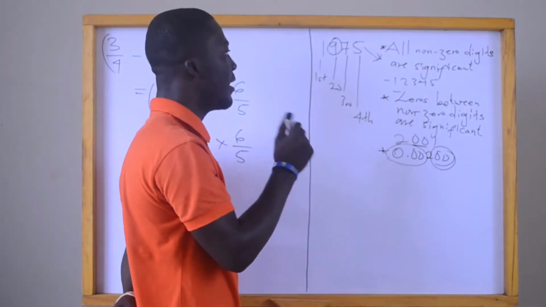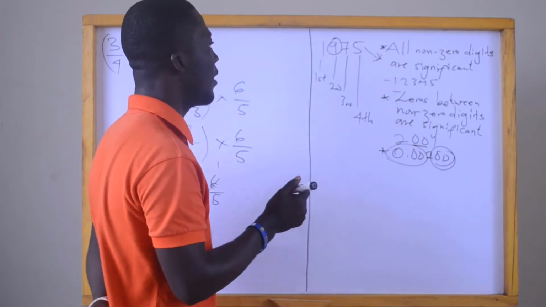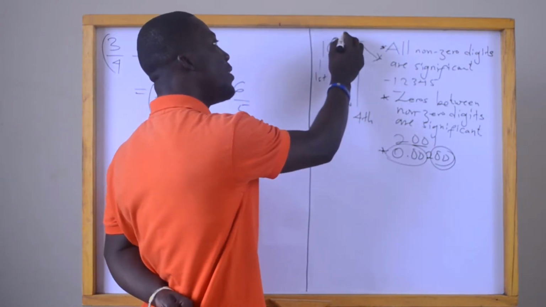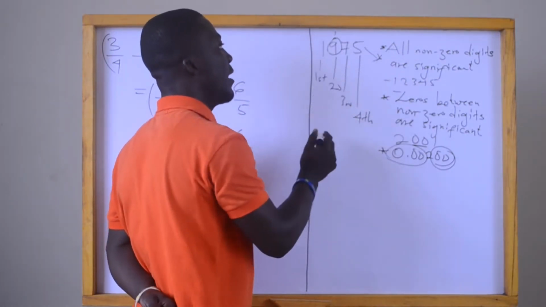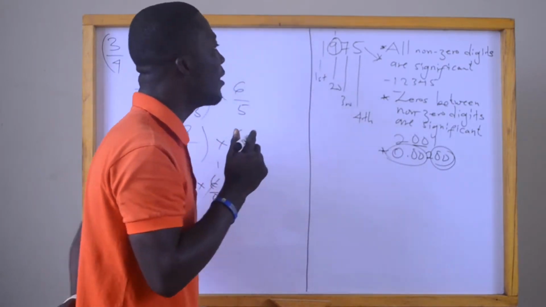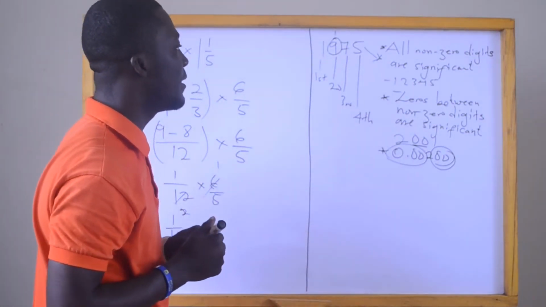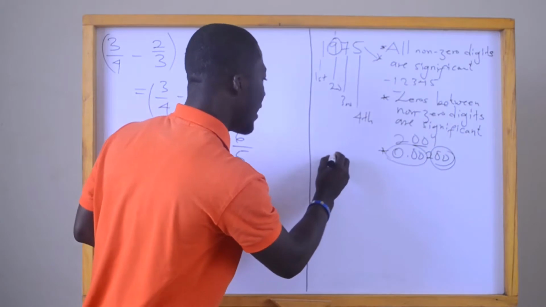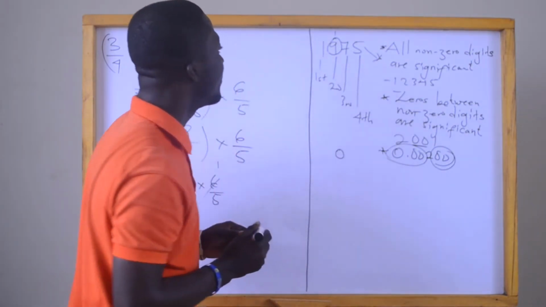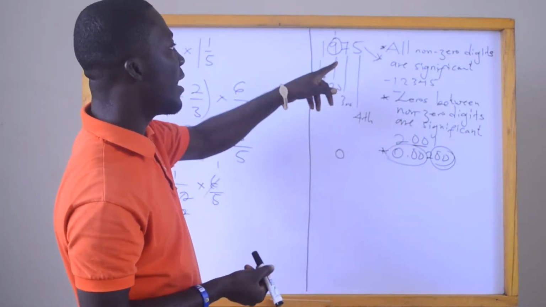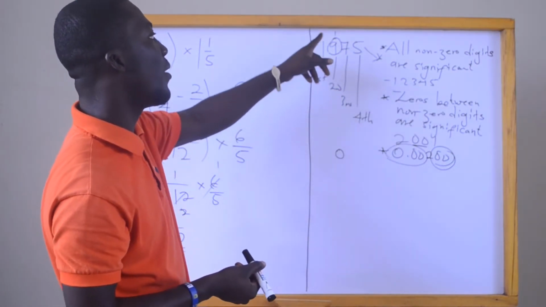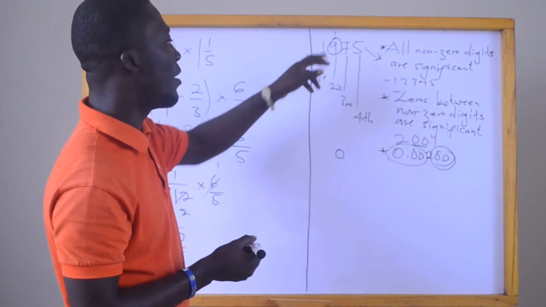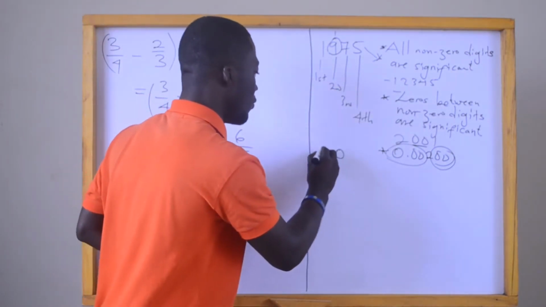Since 7 is more than 5, what we do is take 1 and add it to 9. When you add 1 to 9, you get 10. So obviously we write 0. Then the 1 that remains, we add to the 1 over here, which will give us 2.